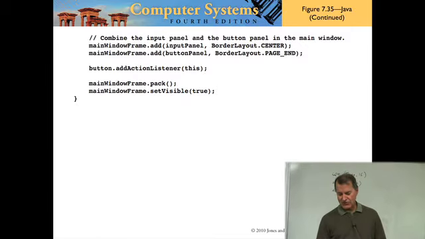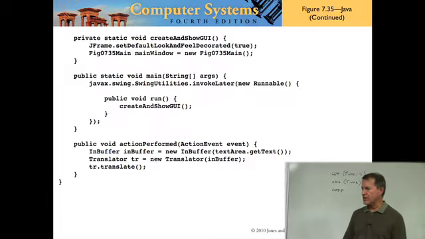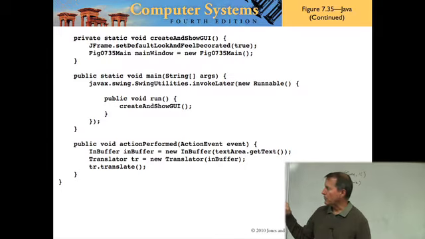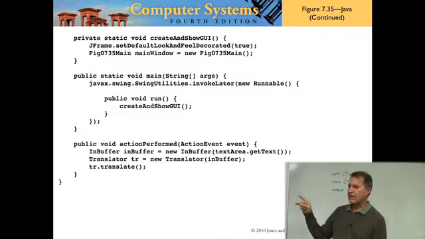Now, here's one big difference between the way this translation program works and the previous one. With this one, none of the logic is in action performed. The only thing action performed does for this program now is set up the input buffer. So it does the input buffer gets new, the input buffer text area gets text, just like before.